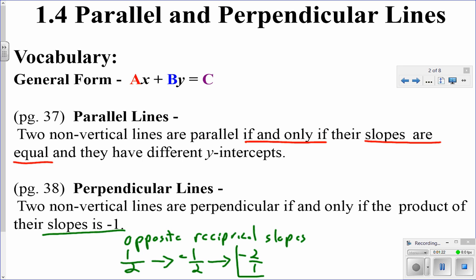So this slope would be perpendicular to this slope. Notice if you find the product of those two, it equals -1. So change your sign, flip your slope, and those will be perpendicular for you.